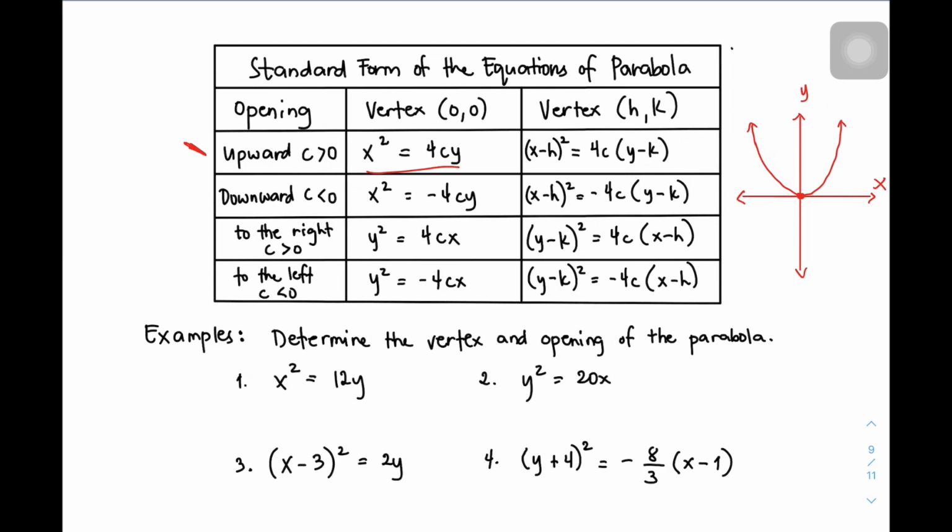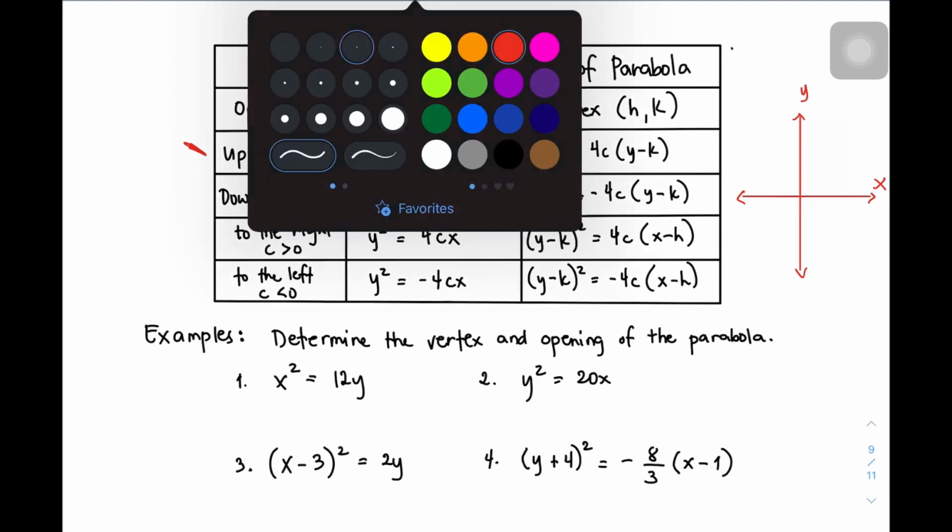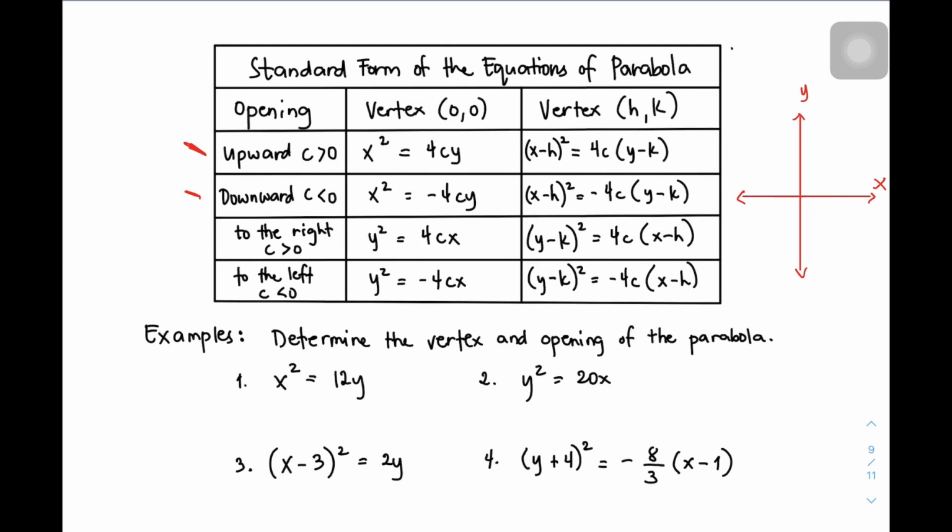Okay. Next naman natin, what if the parabola opens downward? Diba? Downward naman tayo. So, basically, sabi dyan, your c is negative or less than 0.